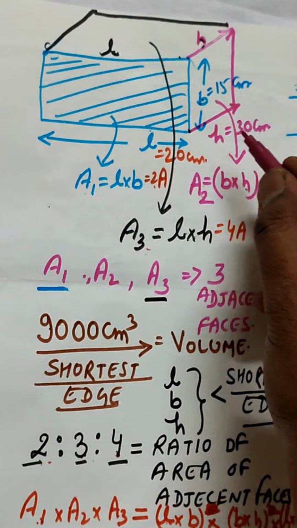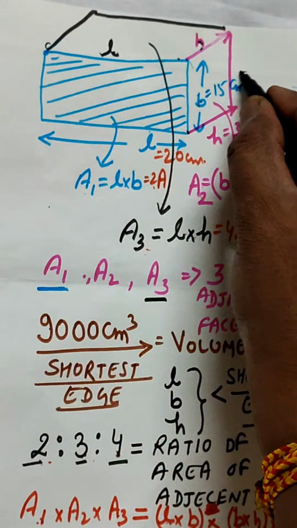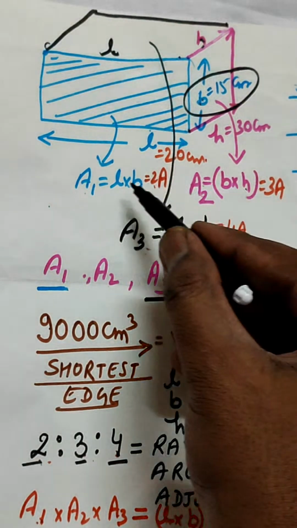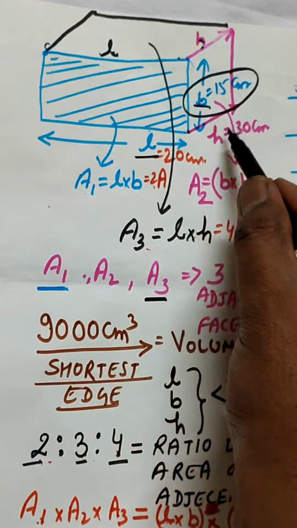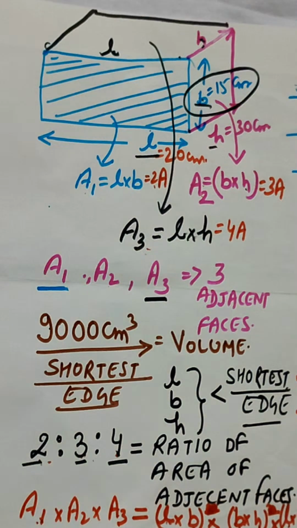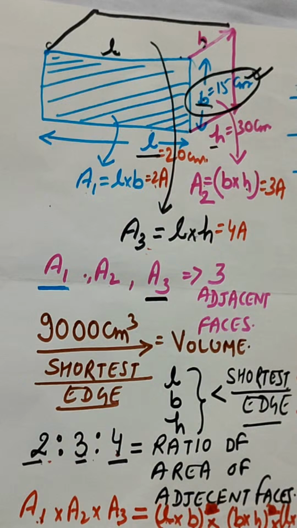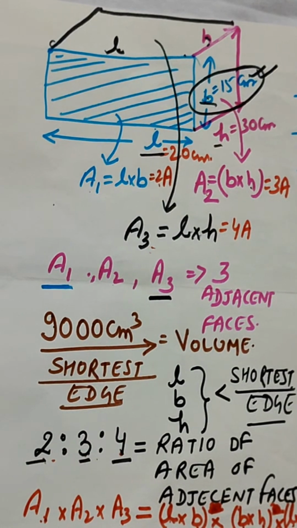So out of all these three, you can easily identify B equal to 15 centimeter. This is the shortest edge, the smallest edge out of all these L, B and H, right? So our answer is 15 centimeter, which is the shortest edge which we have calculated, right?